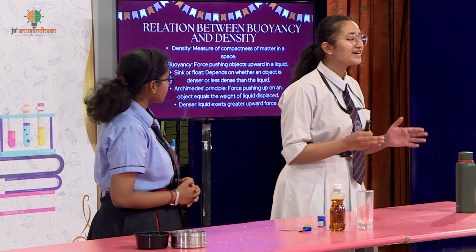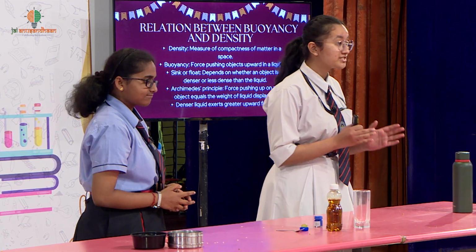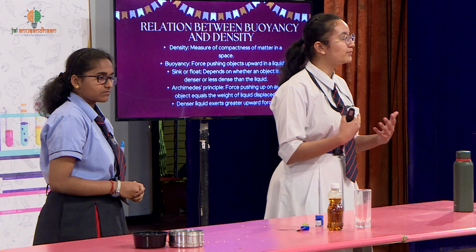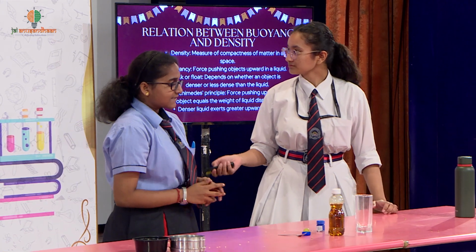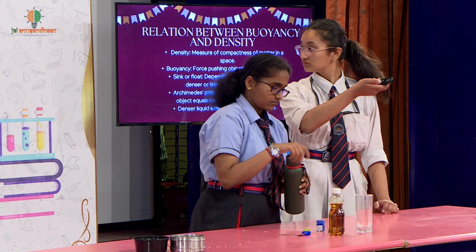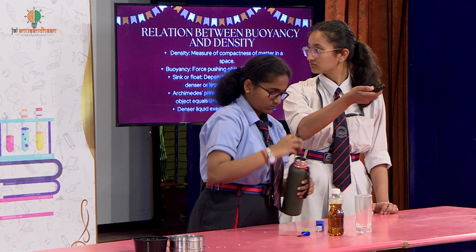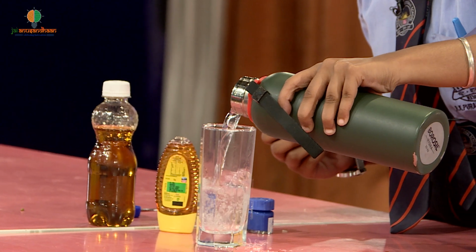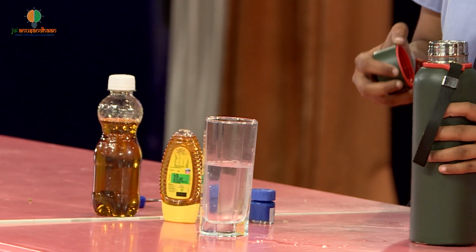Buoyant force is directly proportional to the density of a liquid displaced. So, the greater the density of a liquid displaced, the greater will be the buoyant force. Moving on, let's begin the experiment by adding water. As we all know, water has a density of 1 gram per centimeter cube.